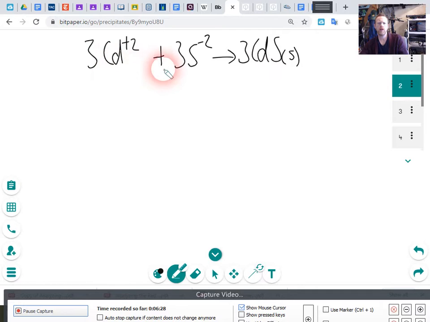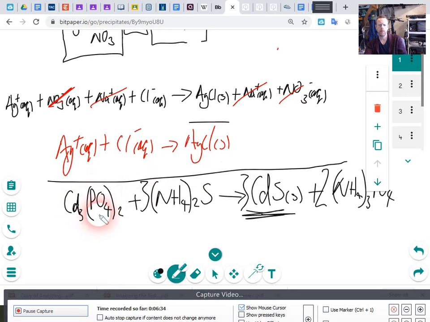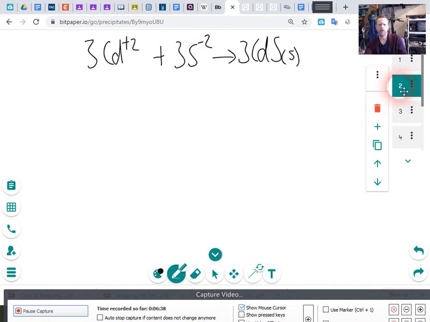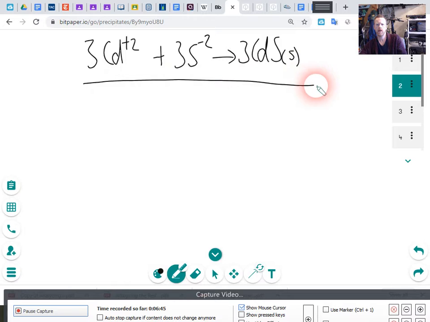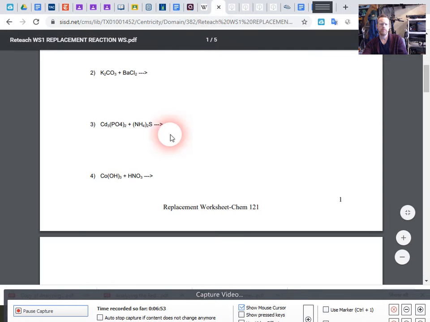If you forgot the 3 and the 3, I don't really mind. It matches the numbers, right? But essentially the idea is that it's just the cadmium and the sulfide that we care about. So there's the net ionic done. Now you should have AQ and AQ in there. Okay, let's do the next one.